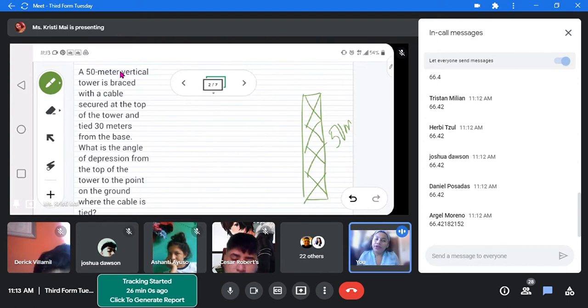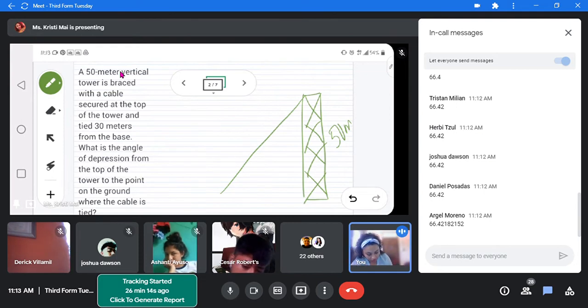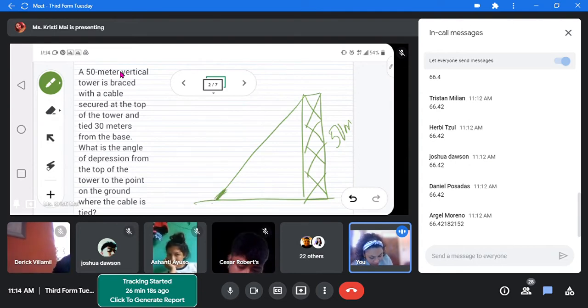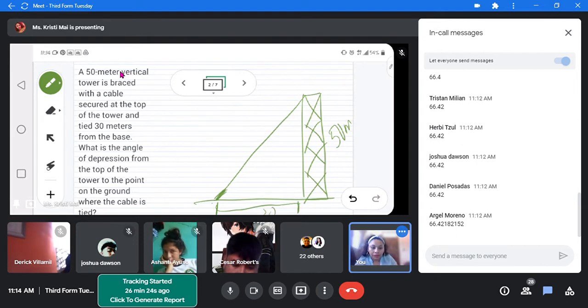If you have seen towers, there are cables tied from the top to the bottom. So there is a cable tied from the top that connects to the ground, and the distance between the cable and the base is 30.